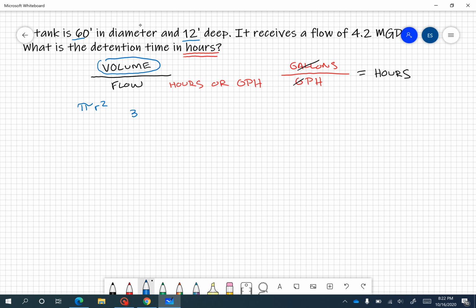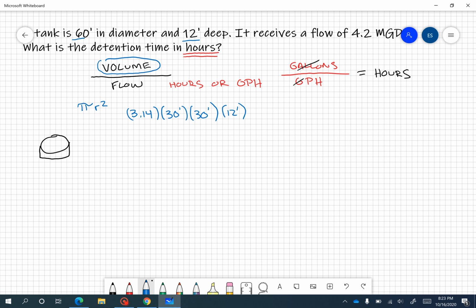So my formula is going to be pi, 3.14, times 30 feet times 30 feet. That would give us the surface area of our tank. And then to calculate volume, we need to add the depth, which is 12 feet. Hopefully my crude cartoon ability helps you to visualize that.